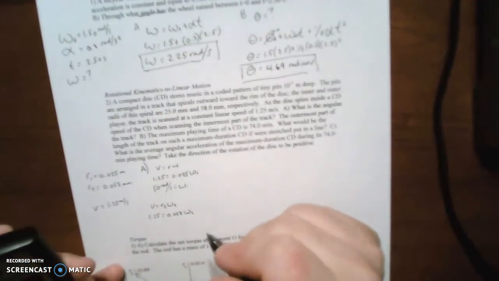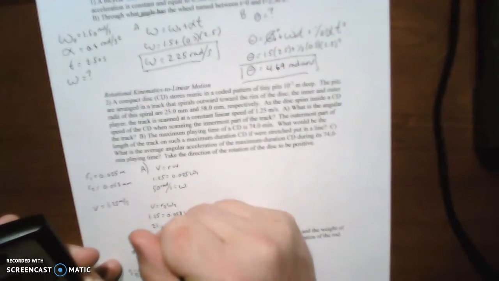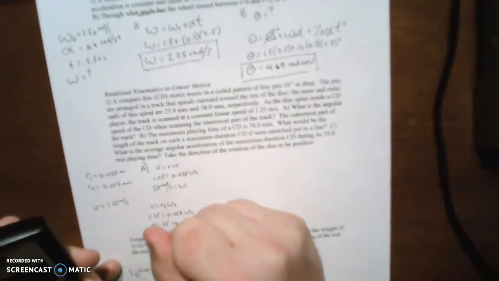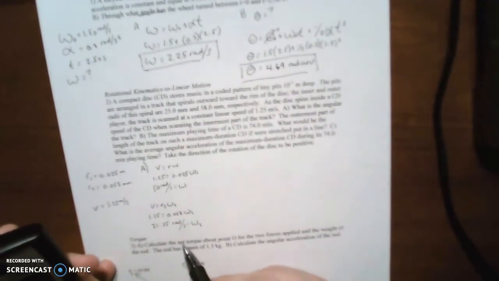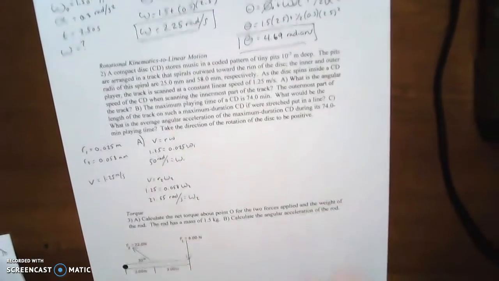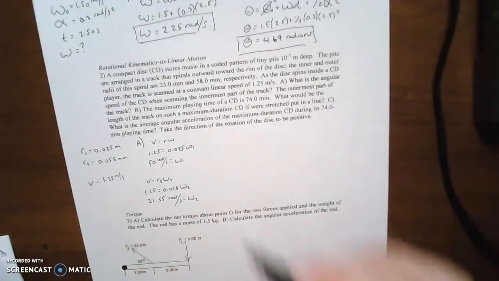So same idea, divide both sides by the radius, and here we get an angular speed of 21.55 radians per second. And it has to slow down out at this point because there's a larger circumference, and we have to make sure that the speed of the disk rotating through the reader remains constant or consistent. All right.